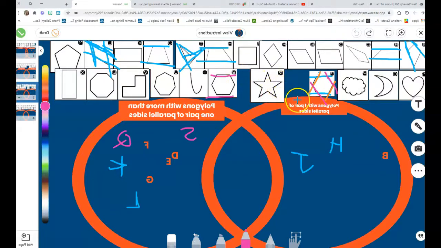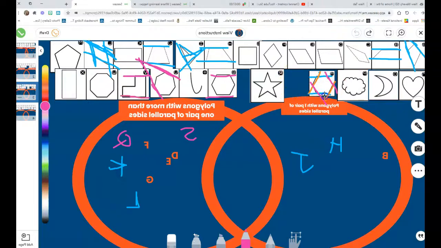U? Okay, let's see. Here and here. Are those going to intersect? What do you think? Yes, they're going to intersect. So are they parallel? No, none of these will end up being parallel. What about V?